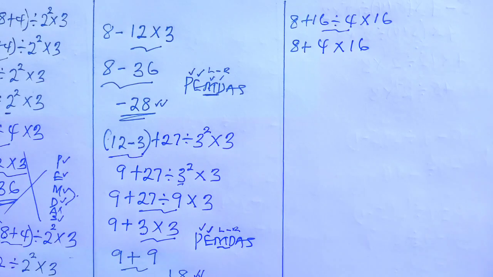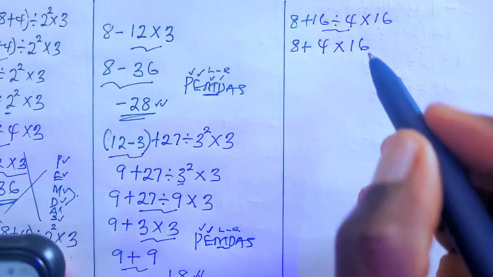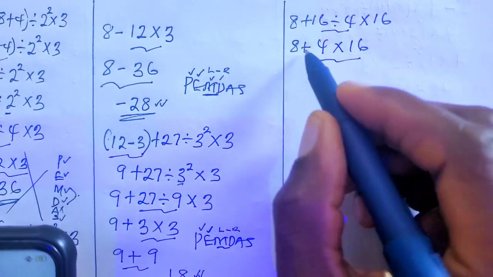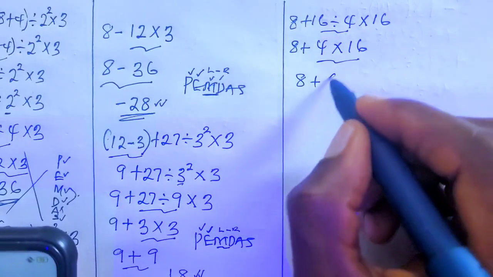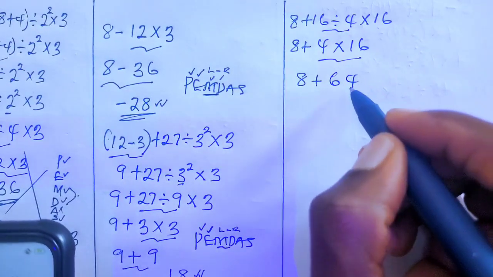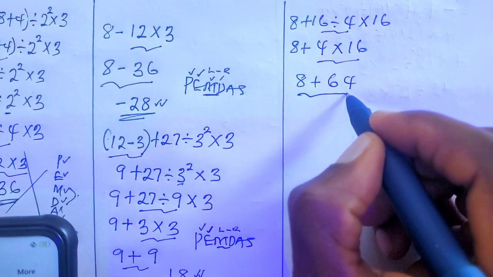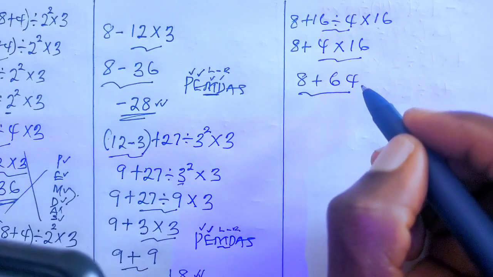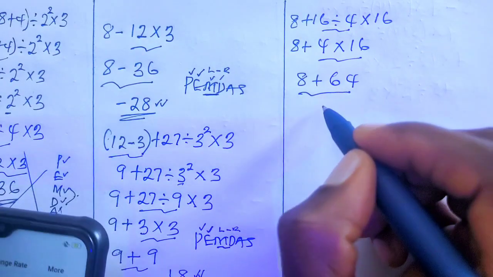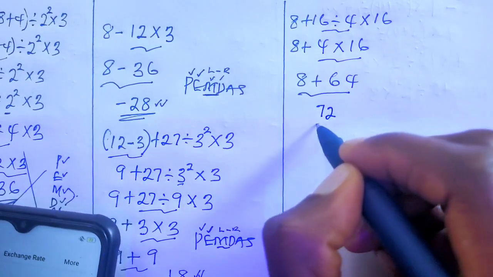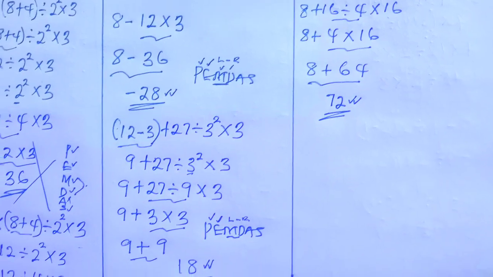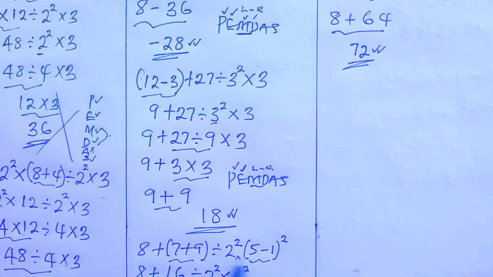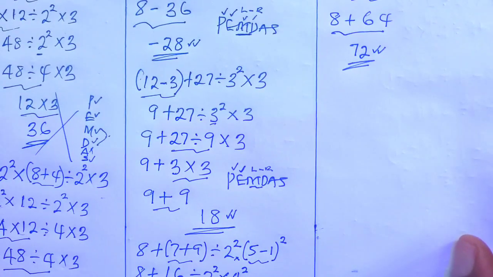Then next we are going to consider multiplication, because multiplication is of higher priority than addition, and we have 8 plus 4 times 16, that gives us 64. And lastly, we consider addition. 8 plus 64, that gives us 72. And this is the correct answer to this given expression right here. The correct answer here is 72.